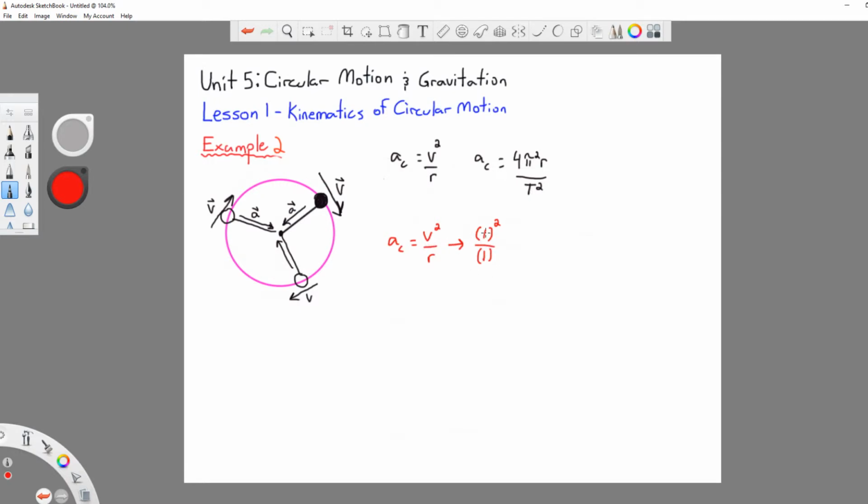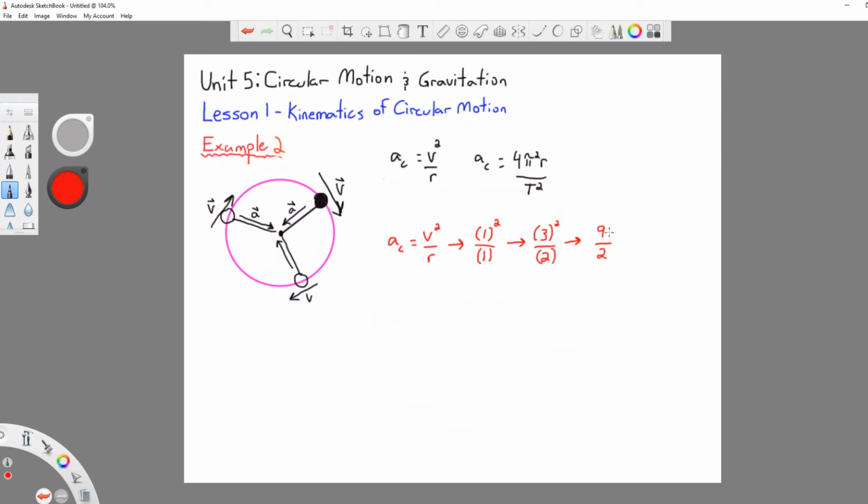So we'll say that 1 squared over 1 is our V squared over R. And then we're going to replace our 1 values with the tripled or the doubled. So really now this is going to be 3 squared divided by 2, because it's tripling the velocity, doubling the radius. And that works out to 3 squared is 9. 2 is just 2. And we get a ratio of 9 over 2.